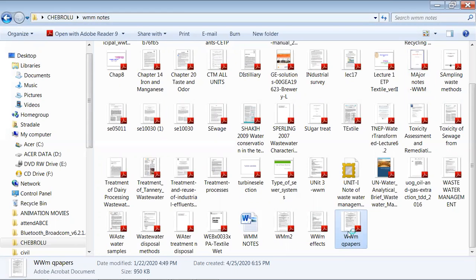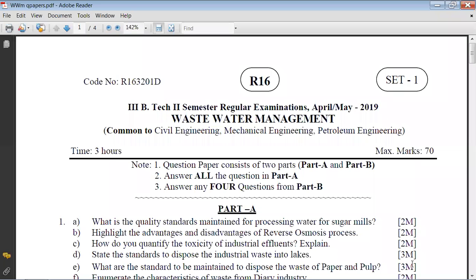Majority, 95%, you don't have any problems. Only in the environmental engineering semester there is a chance of problems. The question paper is ready, and I think I sent the question papers the other day.